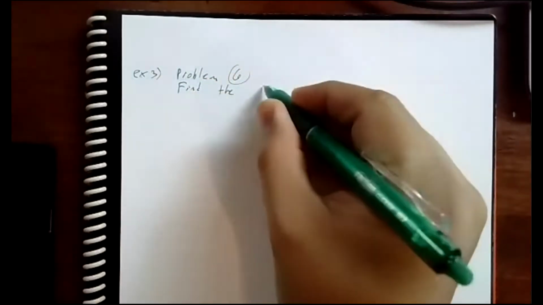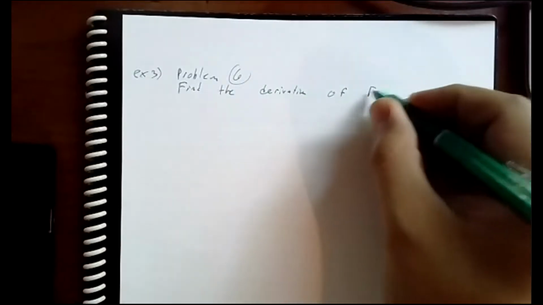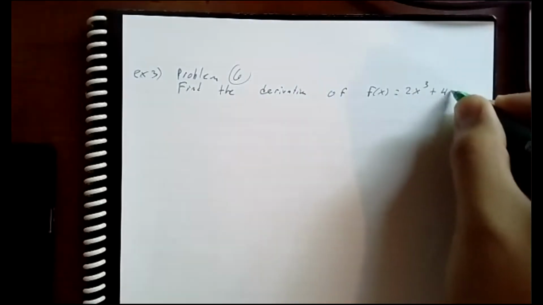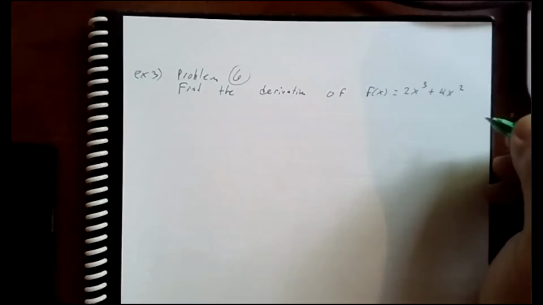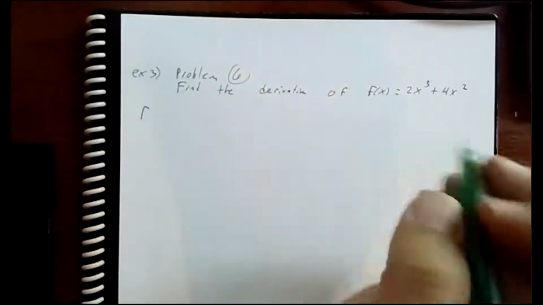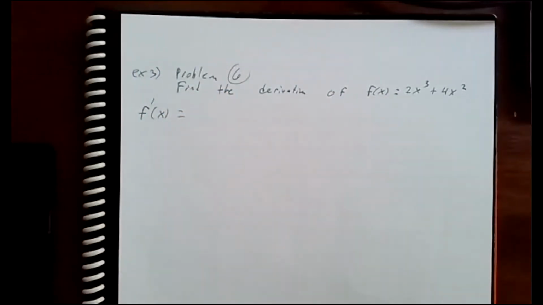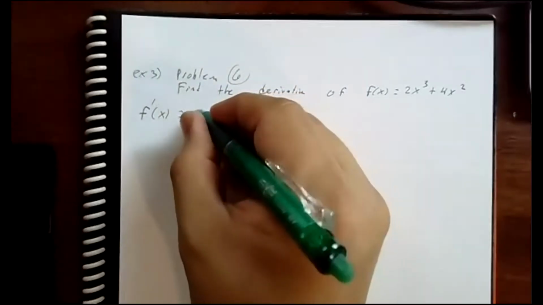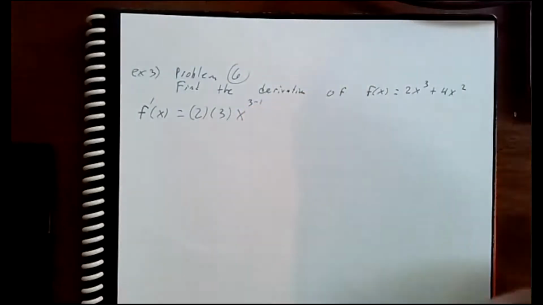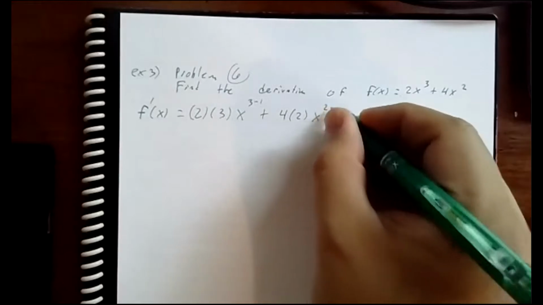Find the derivative of f of x equal to 2x cubed plus 4x squared. So to find the derivative f prime, we have to use our power rules, right? So you have a 2 up there, so you bring the 3 down and subtract the 3 by 1. Plus 4, bring the 2 down, subtract that 2 up there by 1.